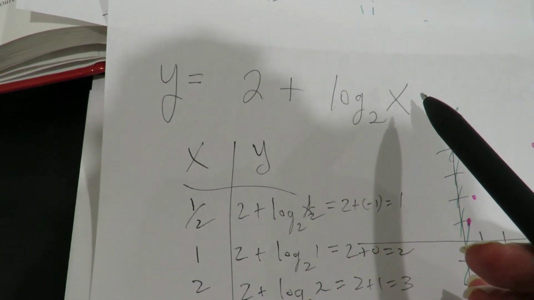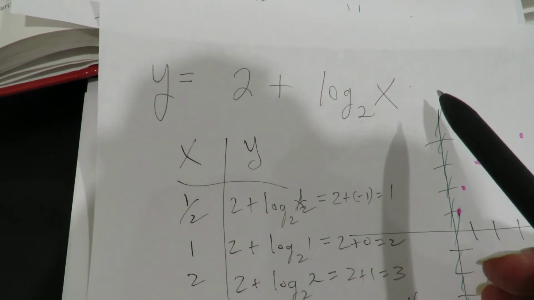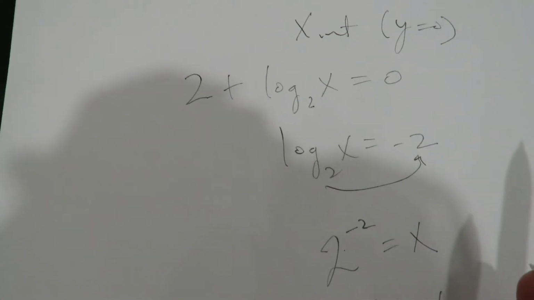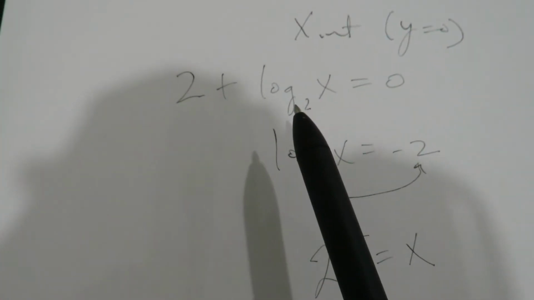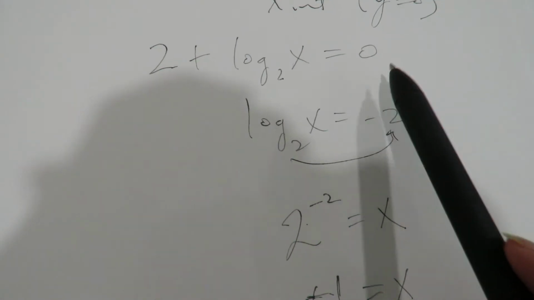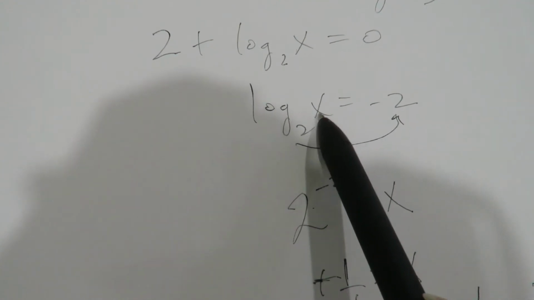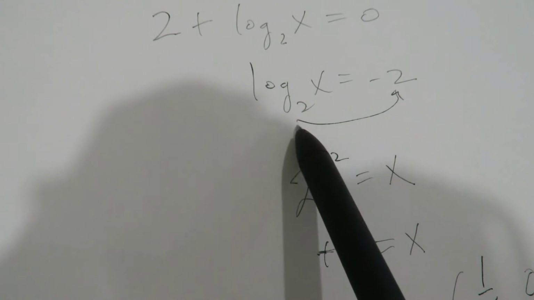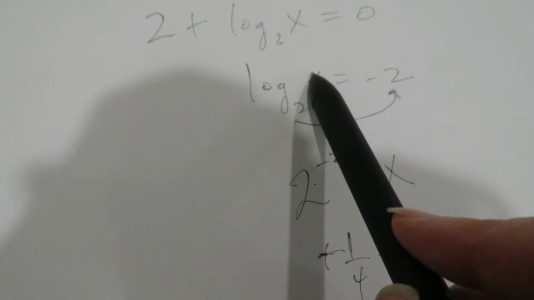All right, so I took this function, and to find the x-intercept, you have to let y be 0. So I let this equal 0, and I haven't taught this yet, so if you don't understand it at all, it's okay, because I am going to teach this. But when you solve a log, you have to isolate it. So the first thing I did was I moved the 2 to the other side. Now, to solve for x here, I'm going to convert this to its exponential equivalent. So the base to the exponent equals this.